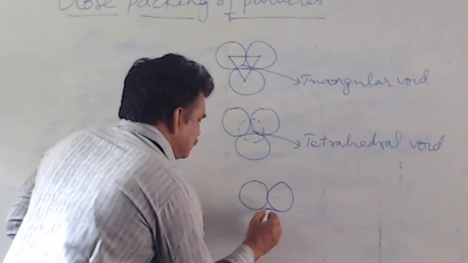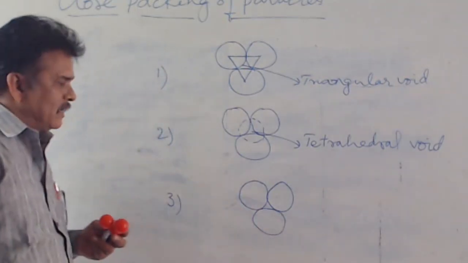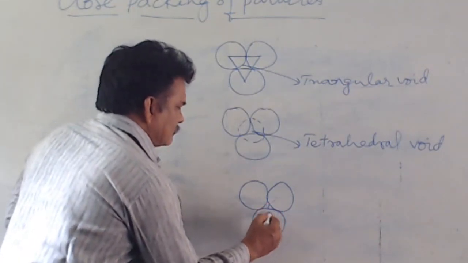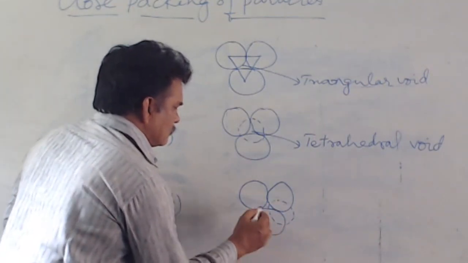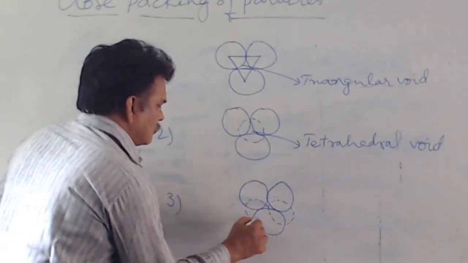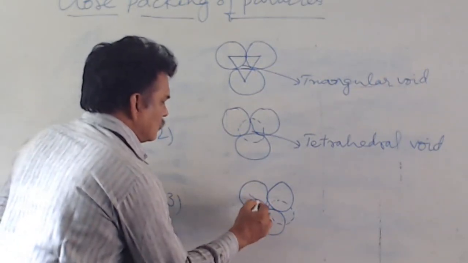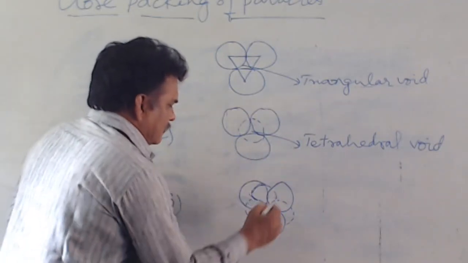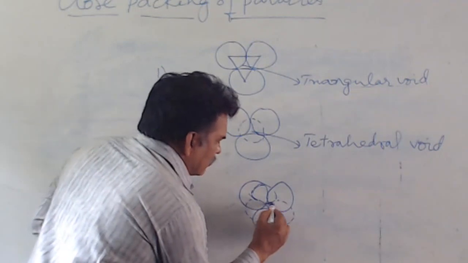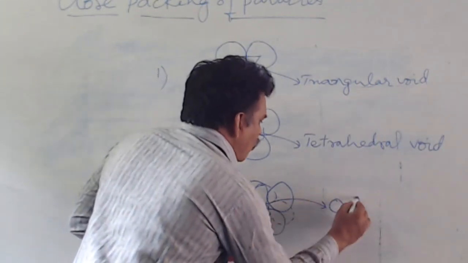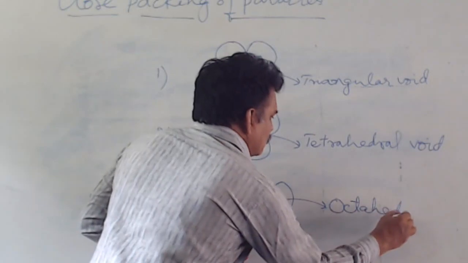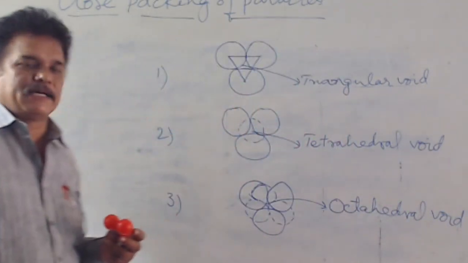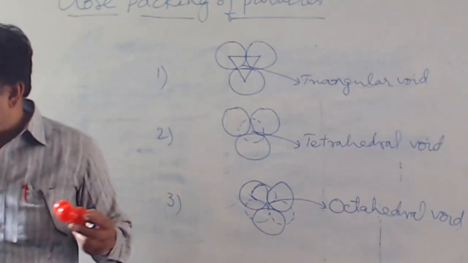We are taking three spheres like this, and if we take 3 spheres like this, 1, 2, and 3, the void formed now is called octahedral void. So octahedral void is formed by 6 spheres.